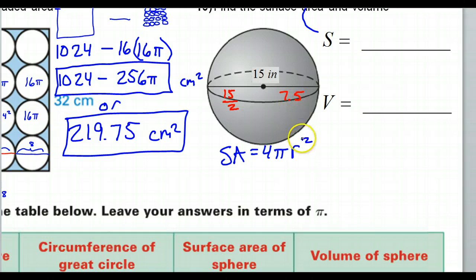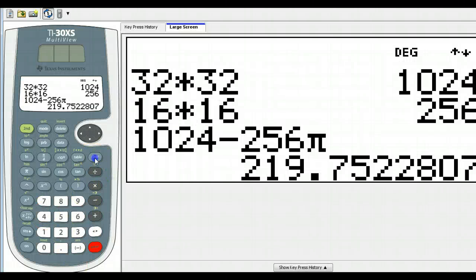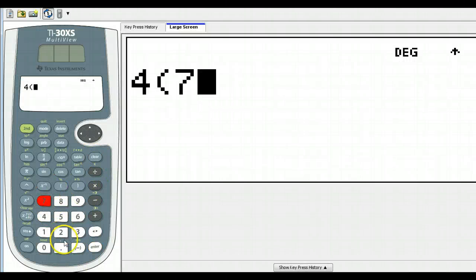Okay, so anyway, I need to substitute this in for r. So the surface area is going to be 4 pi times 7.5 squared. Now I'm going to put this in my calculator without the pi for a second. So 4 times 7.5 squared.